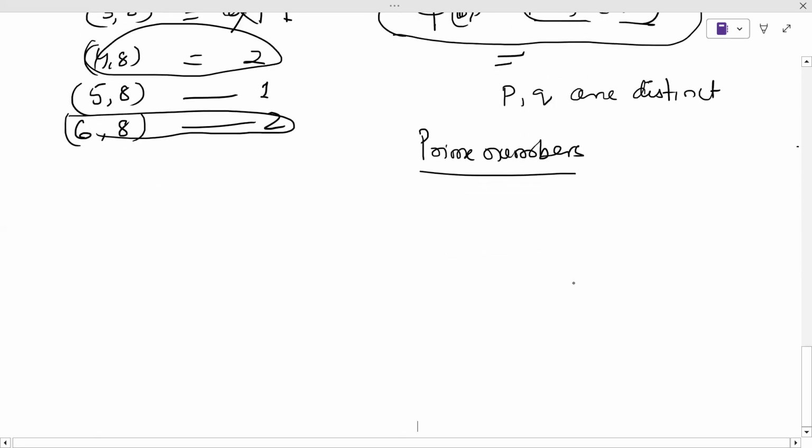One example, 35. That can be written as 7 into 5. This is p and this is q.